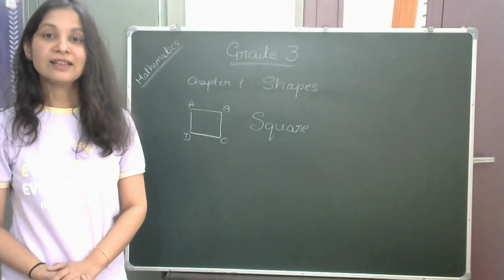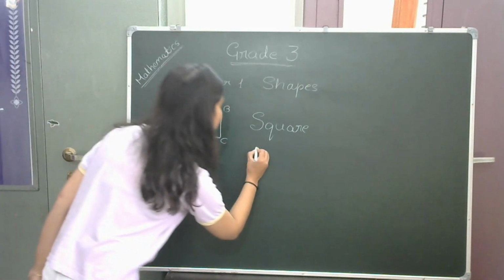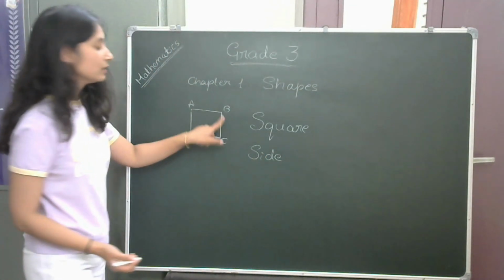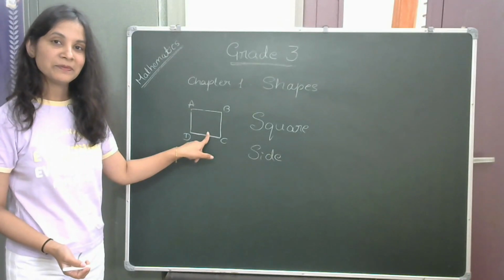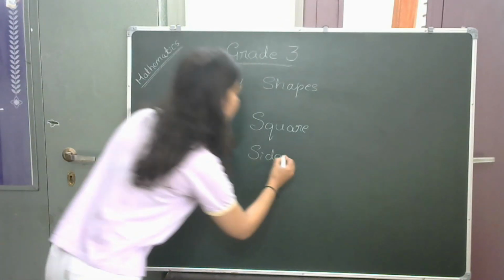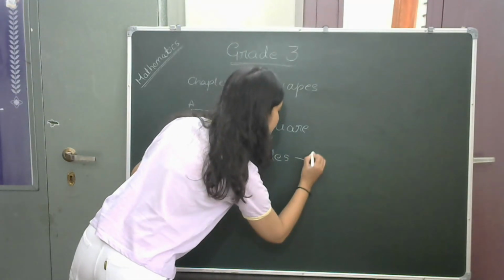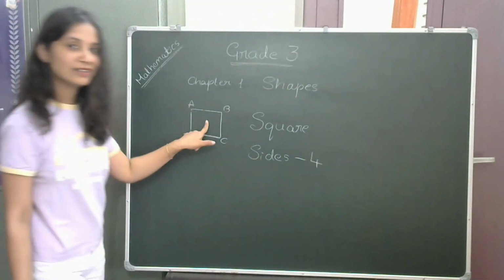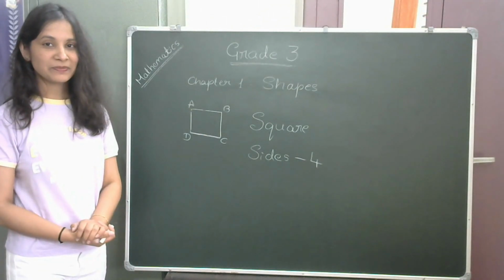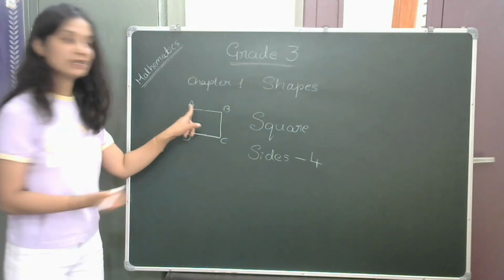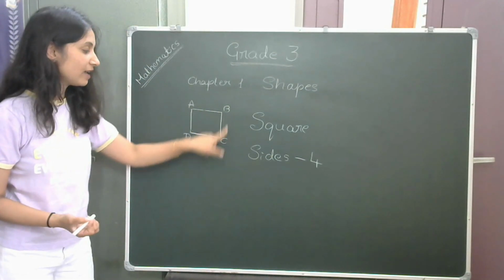Repeat after me. Sides. Let me write side. Okay. So, how many sides are here? 4, right? So, a square has 4 sides.